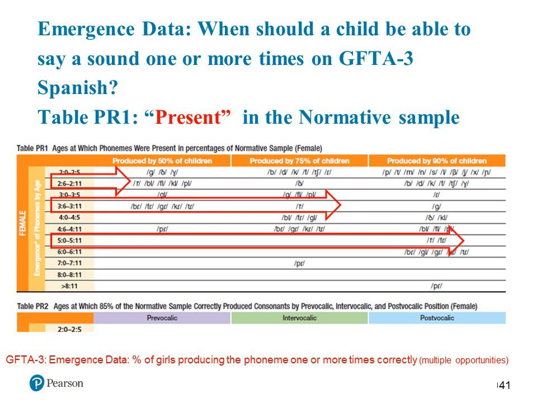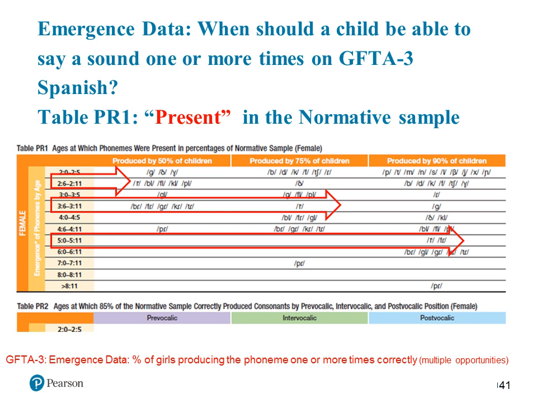When should a child be able to say a sound one or more times on the GFTA-3 Spanish? Let's look at the marked arrows for examples in table PR1. We're going to look specifically for the emergence of the trill R. The trill R is produced in words like ratón and perro.